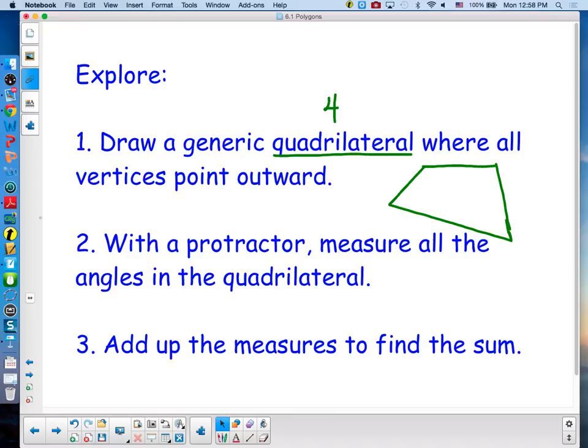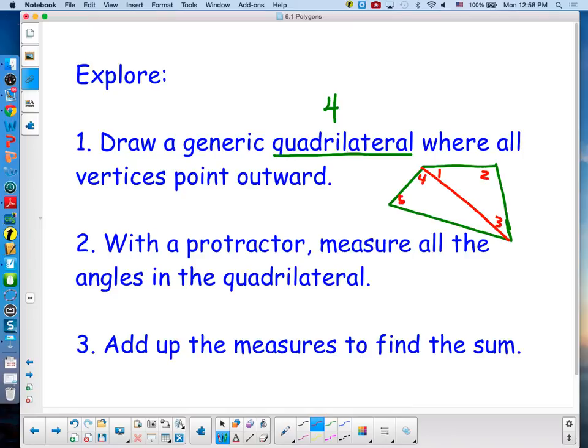Okay, let's talk about should it be 360 or not. Okay, if you'll look up here, I can take my figure, and you can probably do the same, and draw in just one diagonal, not two. If I draw in one, that's divided it into two triangles. And every corner of the triangle is matching with a corner of the polygon. So what should angles 1, 2, and 3 total? 180.